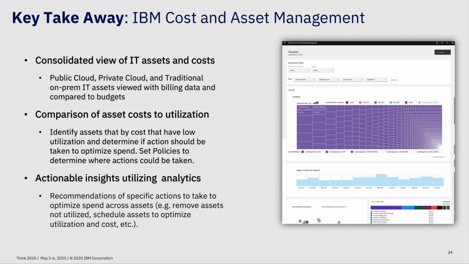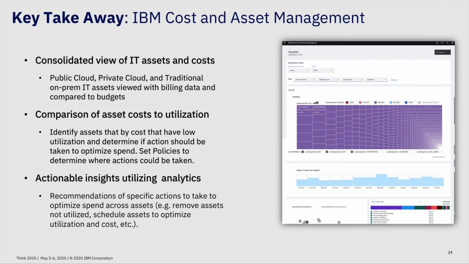So, key takeaways for the IBM Cost and Asset Management solution. It does provide a consolidated view of IT assets and cost: public clouds, private clouds, traditional IT, with the capability to also get into custom cost modeling and rate cards for those needs where traditional on-premise IT might be used and therefore where cost modeling could be more appropriate.